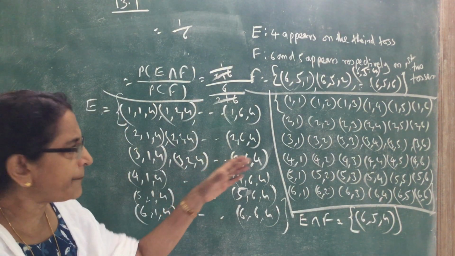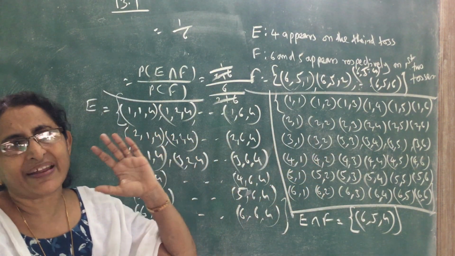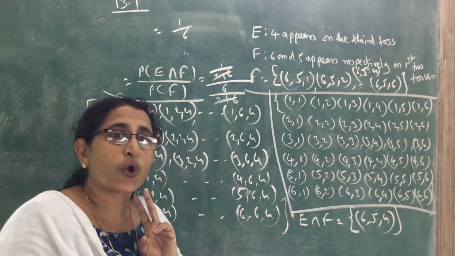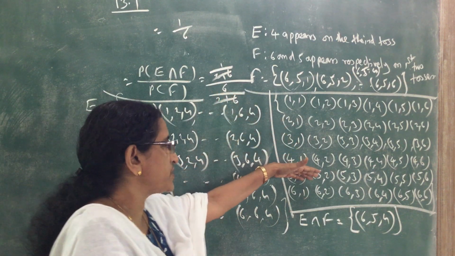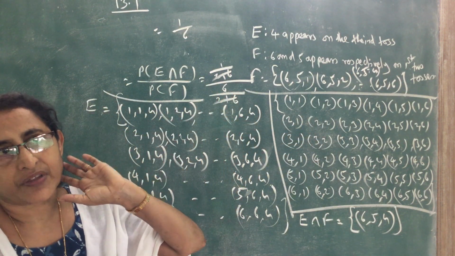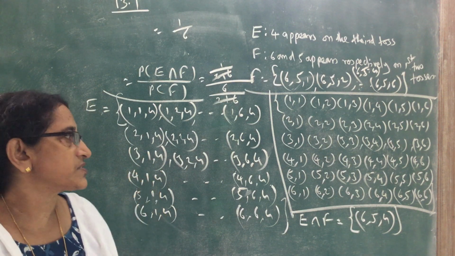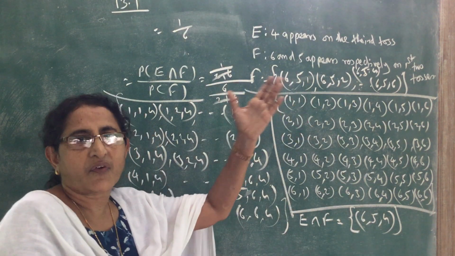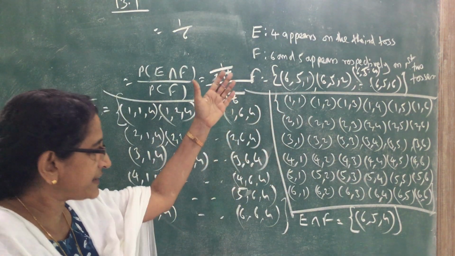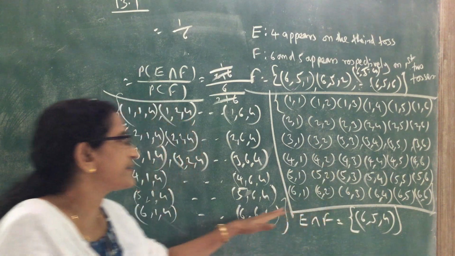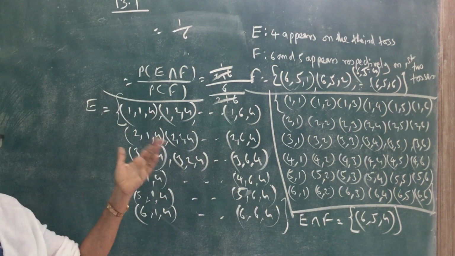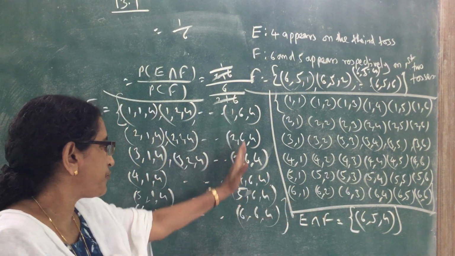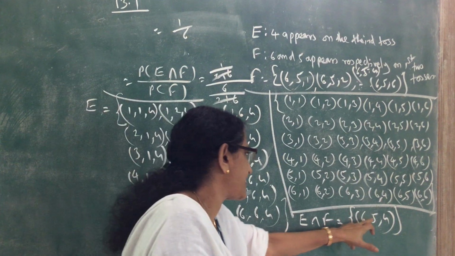If you remember the sample space in the experiment where a die is thrown 2 times, relating to this you can think about the experiment where a die is thrown 3 times. Write the order: corresponding to each element there is 6; 1, 1, 1; 1, 1, 2; etc.; 1, 1, 6. Like that, set wise, you can write event E, then event F, then E intersection F: common elements, only one element, where 4 appears on the third die and starting with 6 and 5.